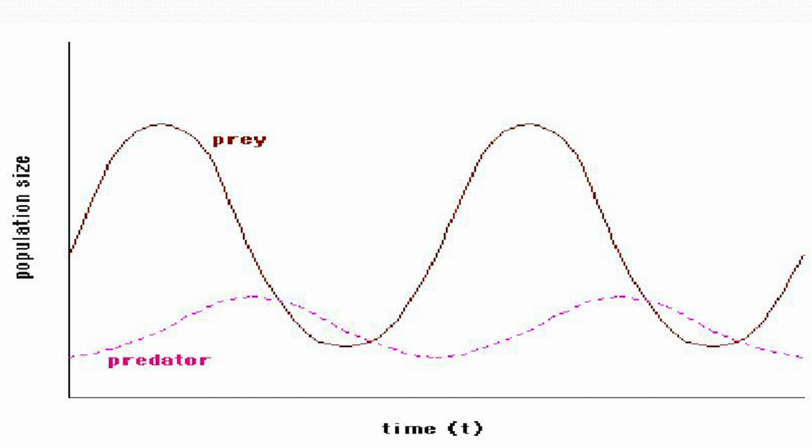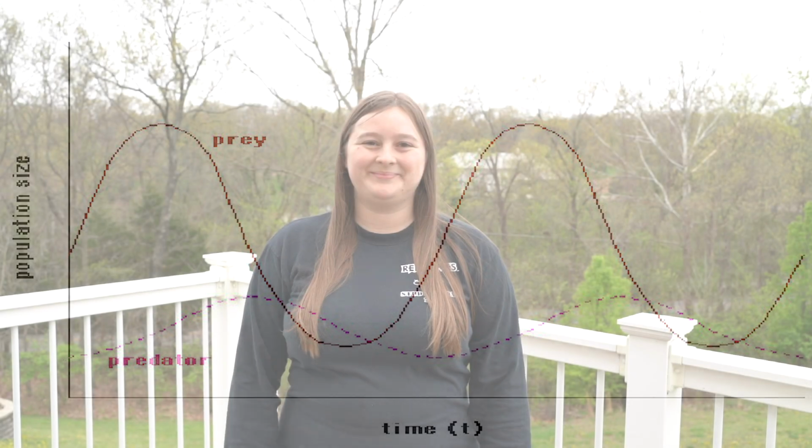Because as the predator eats more of its prey, you have less prey to eat. So your numbers are going to drop. And if the predator's numbers are dropping, the prey doesn't have anything eating it, so it can increase. And then it just goes back and forth, and this is called the predator-prey cycle.